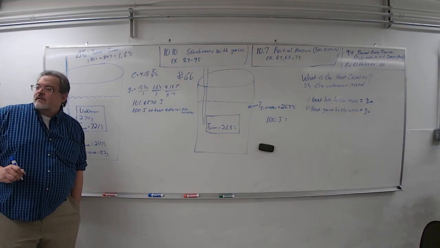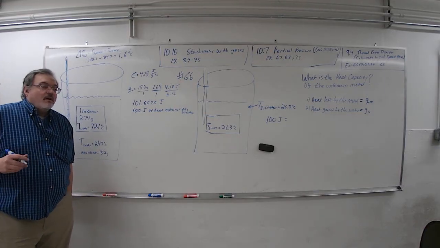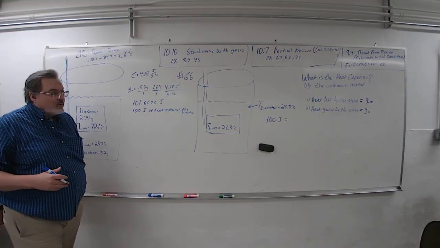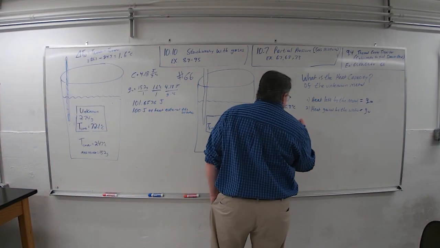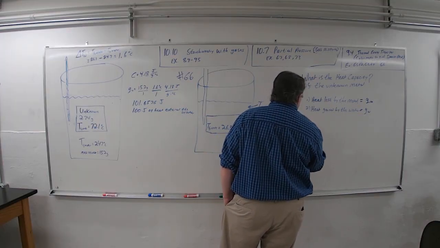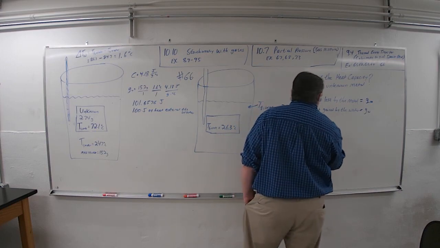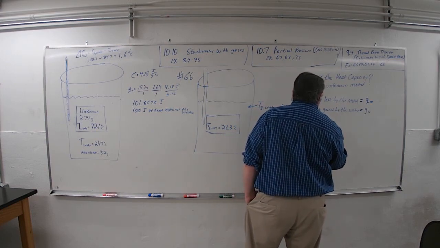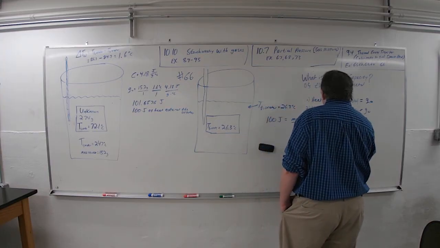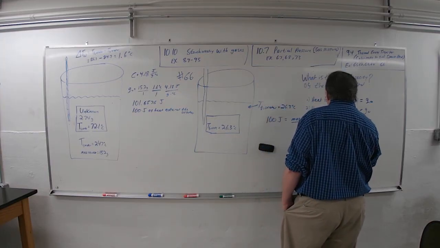You guys follow me? So this is the mass of the metal, delta T for the metal, times the heat capacity of the metal.